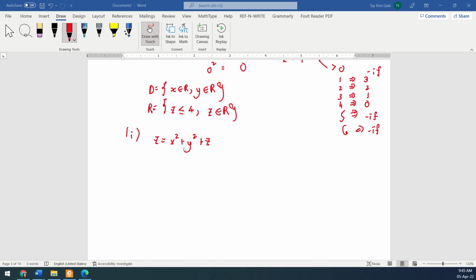Here, the domain is correct. Because of the squares, x and y can take all real numbers.